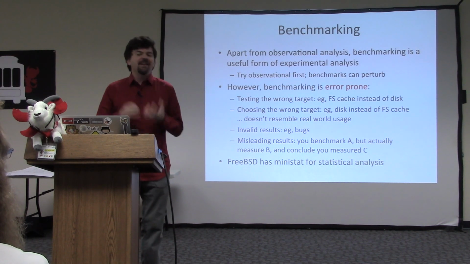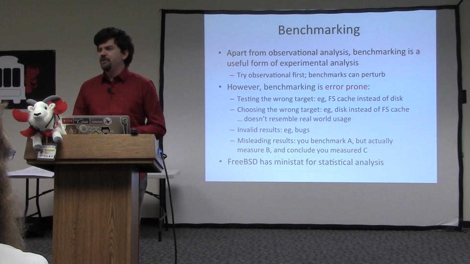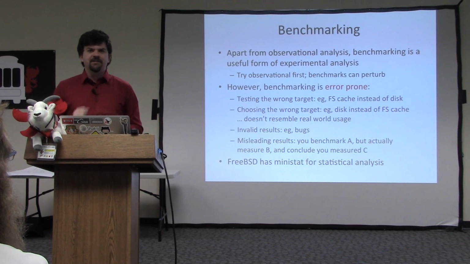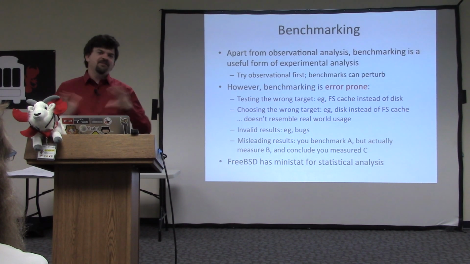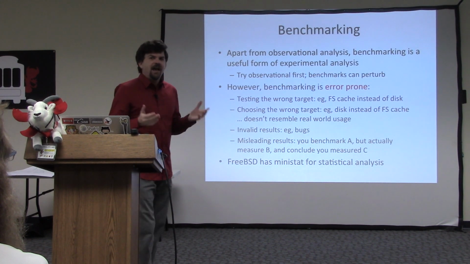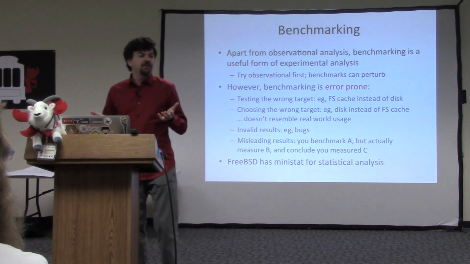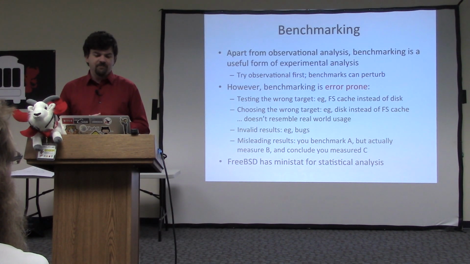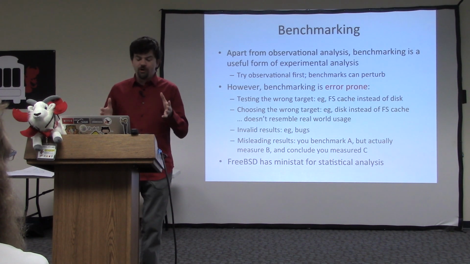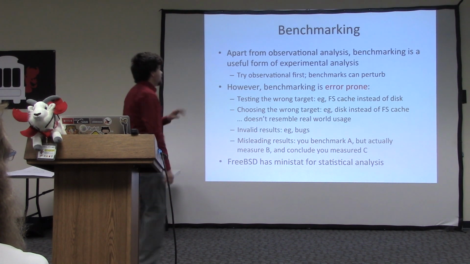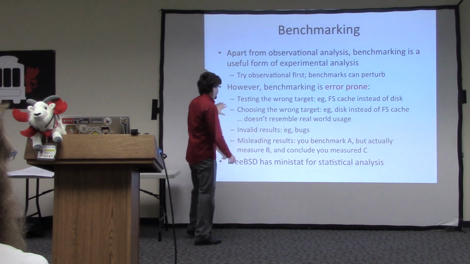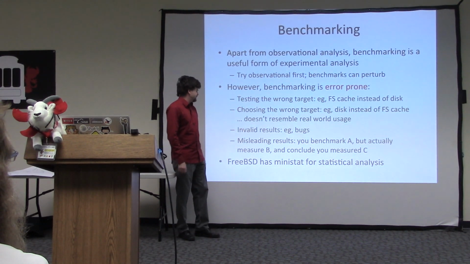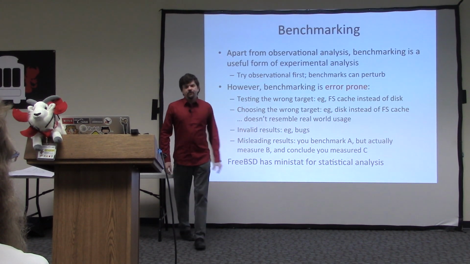It's the notion that that's going to be the bounding resource of my system, so I may as well make sure that's the fastest one. And so then the system will be okay. But in reality, most applications are going to be bouncing out of the file system cache. And so doing a file system cache-based benchmark will give you numbers that resemble real-world usage much better. Sometimes there's bugs, and very often benchmarks are misleading.